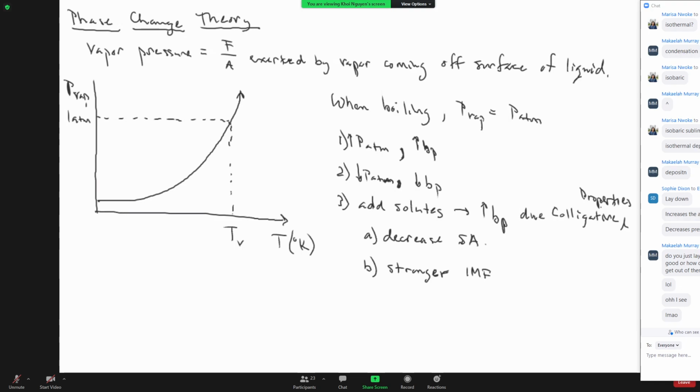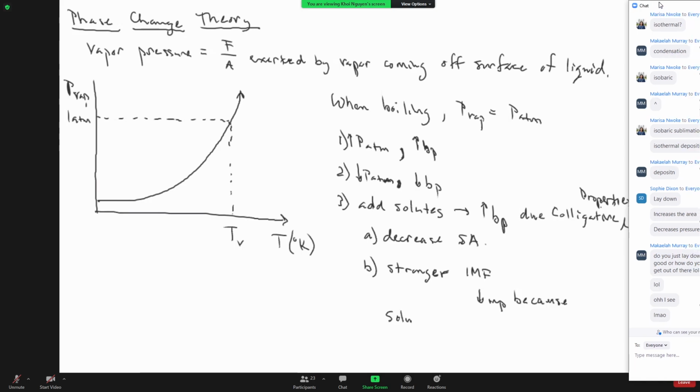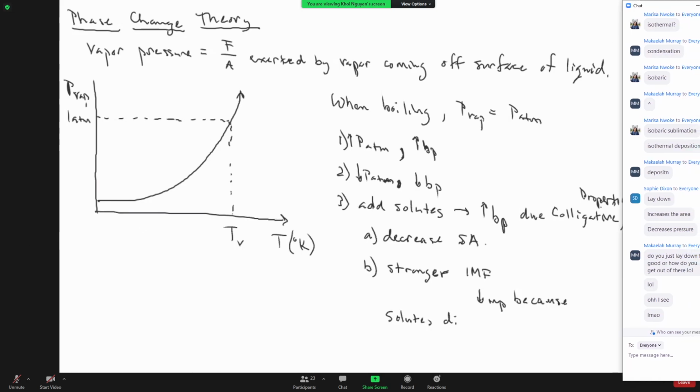But what does it do for melting point? It decreases melting point because solutes disrupt the lattice structure.